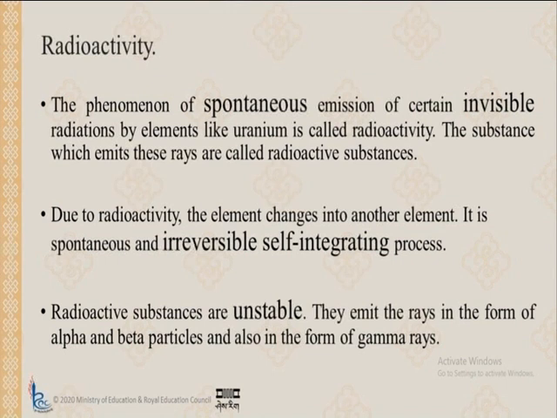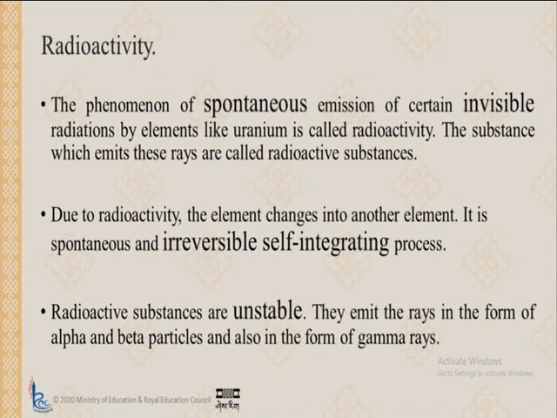Due to radioactivity, the element changes into another element. Why does it change to another element? To become stable. How does it become stable? By emitting rays. It is a spontaneous and irreversible self-disintegrating process. Here, irreversible means that once you get the daughter nucleus from the parent nucleus, you will not be able to extract the parent nucleus once again.